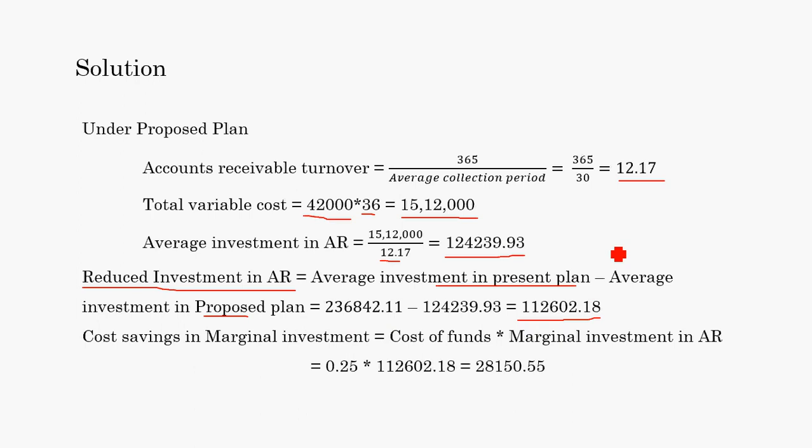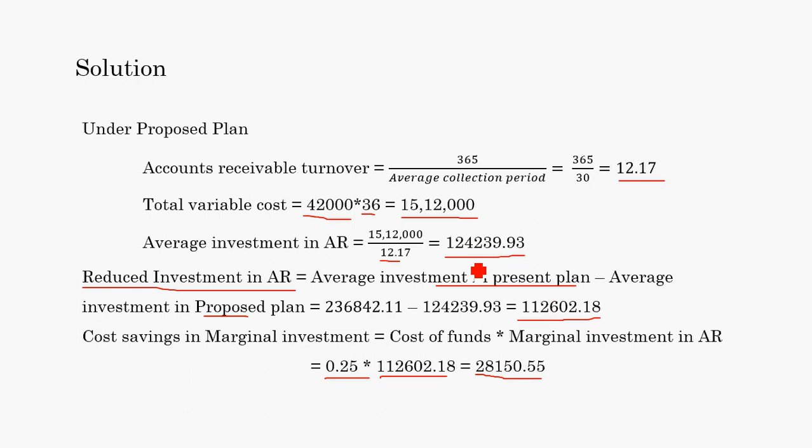This effectively means that you're going to save cost here. So that will be 25%, the cost of funds, into the reduced investment in your account receivable. So you are saving 28,150.55 because of the proposed plan.